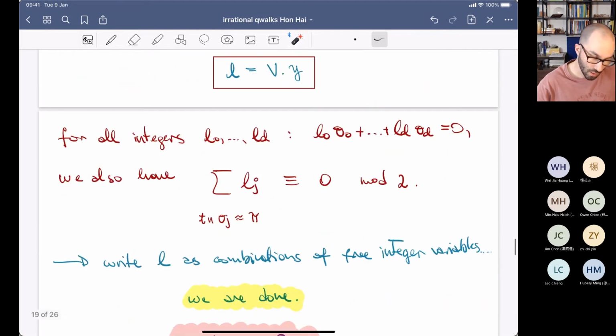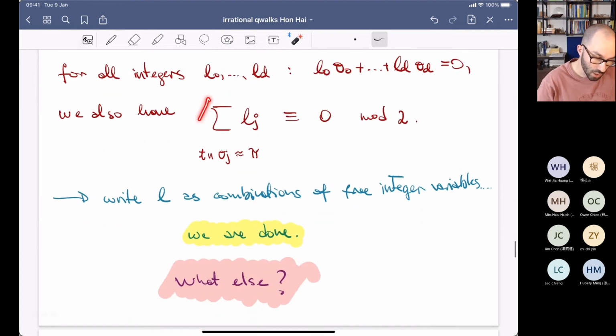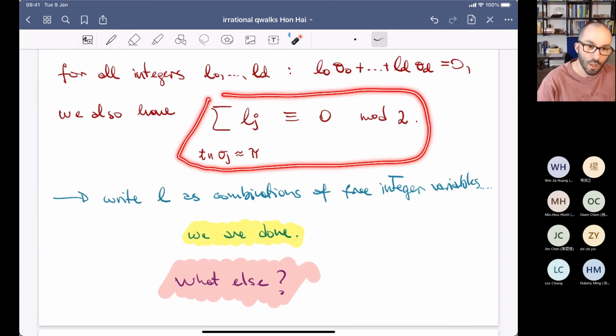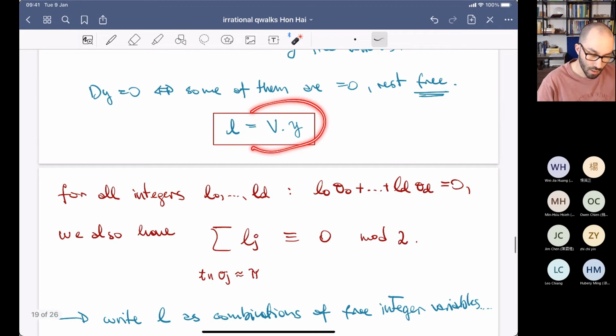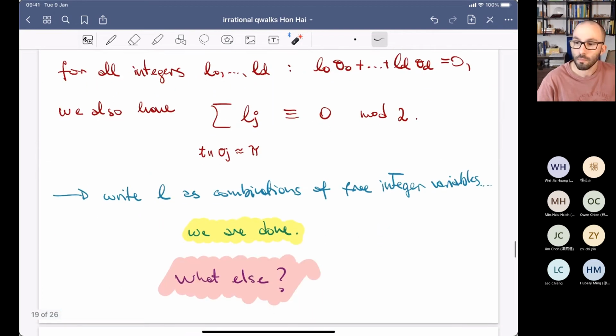So you can decide whether or not this sum is going to be even by simply enforcing that all of these coefficients that appear here have to be even. Because of course, if a free integral variable appears with an odd coefficient, you can simply zero everything else and put that variable to an odd number. So it's simply a matter of checking whether or not all the coefficients will be even, and we are done.